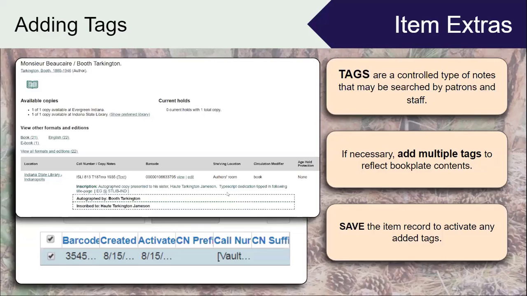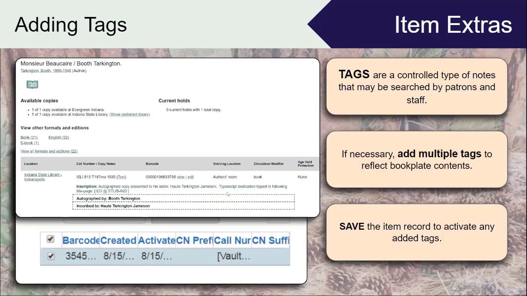And so we can also, once these are established, back in the advanced search screen, select from that drop-down digital book plate, and then if we were to put in Booth Tarkington, it would show up those things that had tags with Booth Tarkington in them.